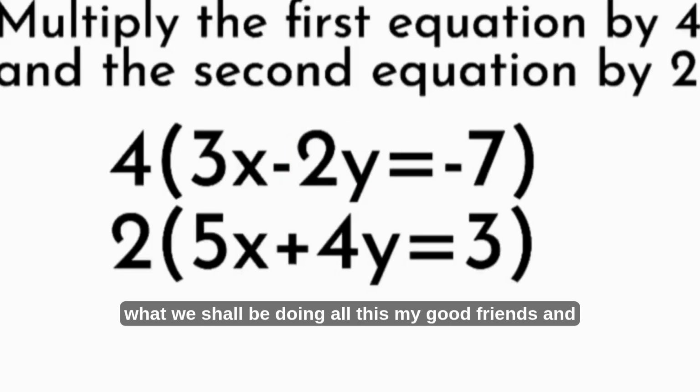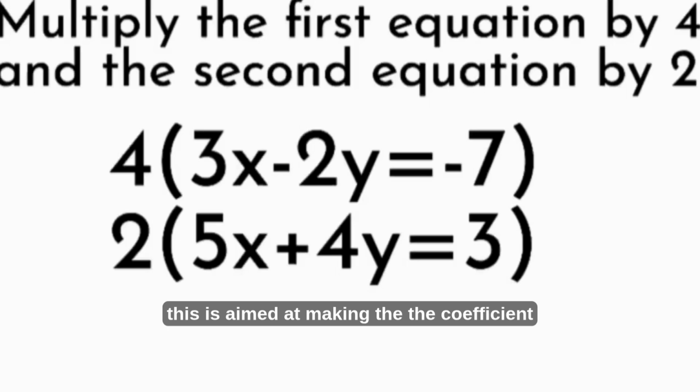That's what we shall be doing, my good friends, and this is aimed at making the coefficient figures of y in both equations equal so that it will be easy for us to eliminate them. Let us proceed.